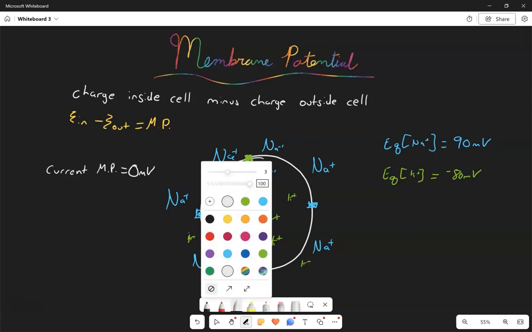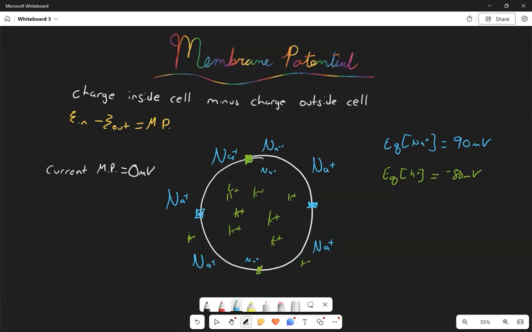So with that, let's work through what direction sodium will want to flux. Sodium has an equilibrium potential of 90 millivolts. The current membrane potential is 0 millivolts, so it will want to bring that membrane potential up. So sodium will flux into the cell, moving in to bring the membrane potential up closer to 90 millivolts.